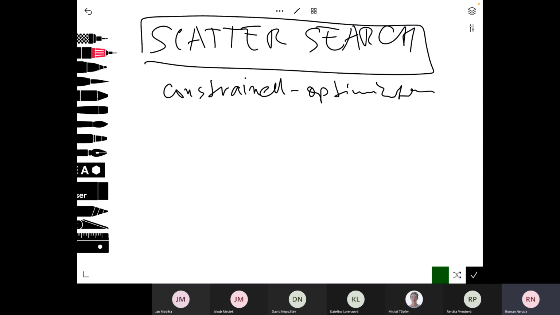And one of the meta algorithms developed in this is you're trying to relax some of the constraints to support the search. So that was the origin in the 70s.